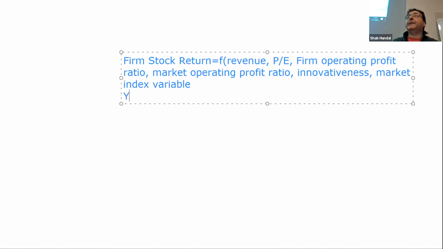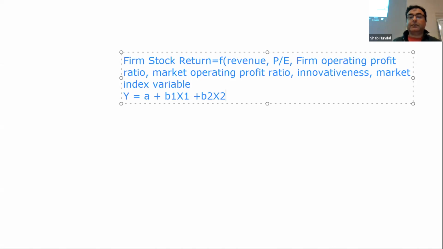We call it dependent variable Y, and we call these right side variables independent variables. So I can say that here my company return is depending upon beta 1, X1. And who's X1 here? Revenue. Plus the next variable, beta 2. Betas will measure the impact. Beta 2, X2.